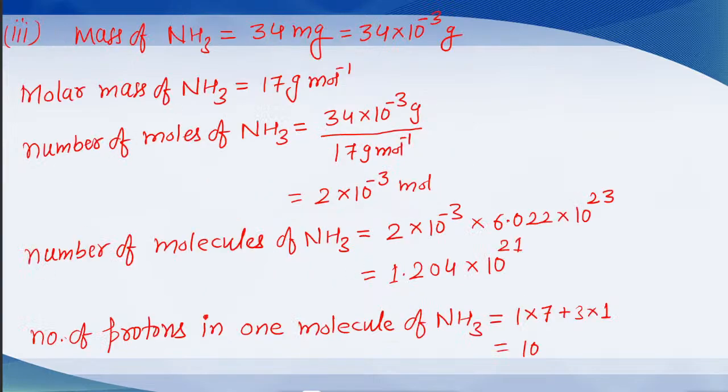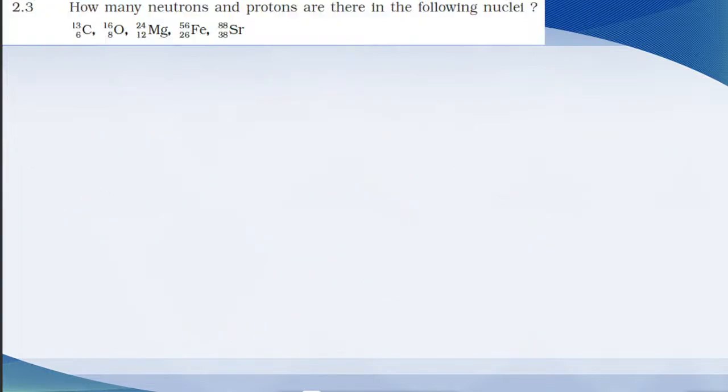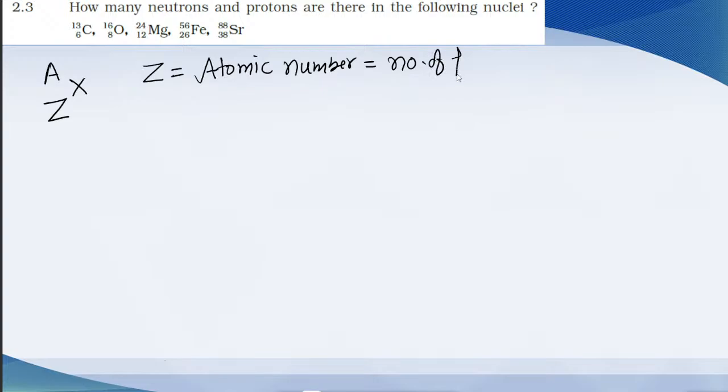Okay, so this is the second question. Now next question. How many neutrons and protons are there in the following nuclei? See, first I will write Z X A. Z is the atomic number, and atomic number means number of protons or number of electrons in the neutral atom.